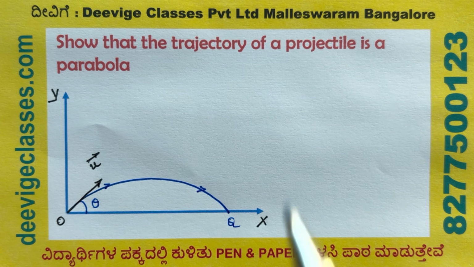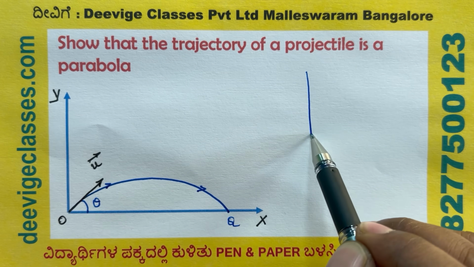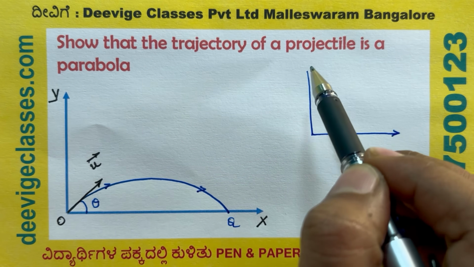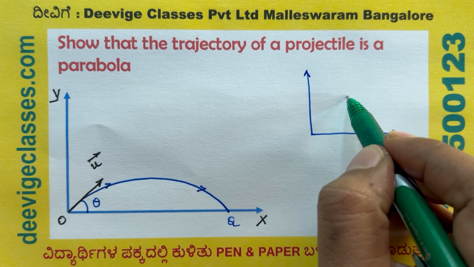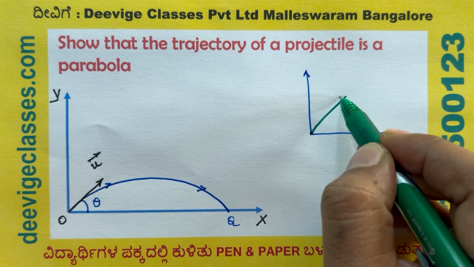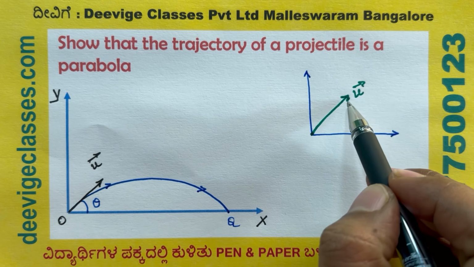Now we know that the initial velocity is a vector quantity, so it can be resolved into its components. u is the initial velocity, which can be resolved into two components.